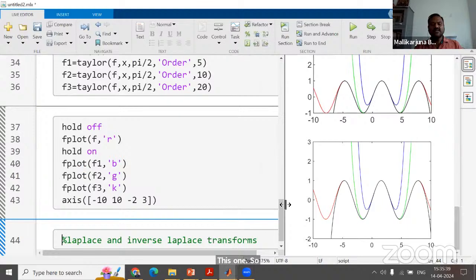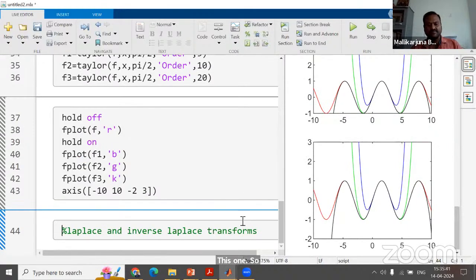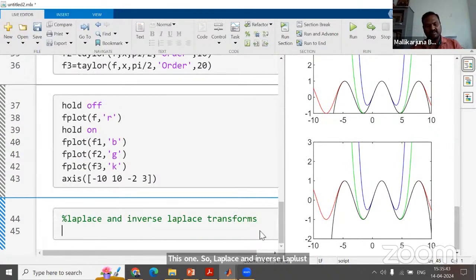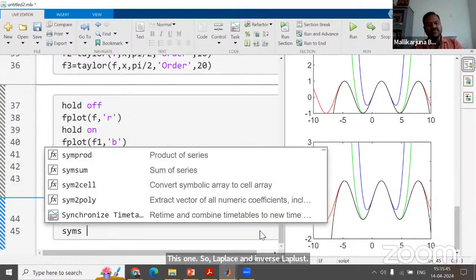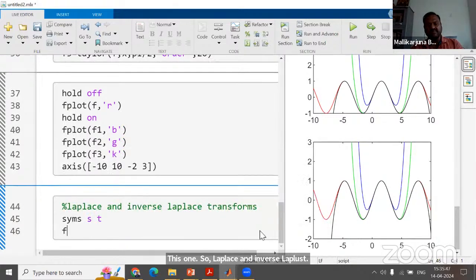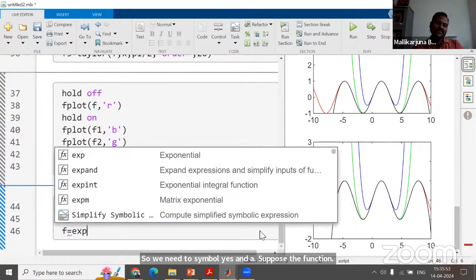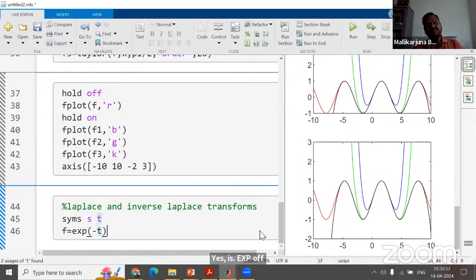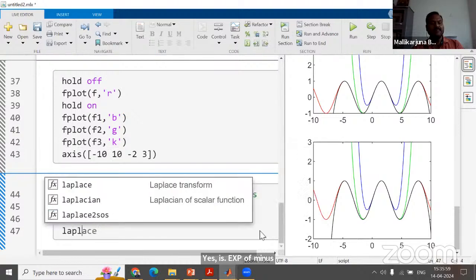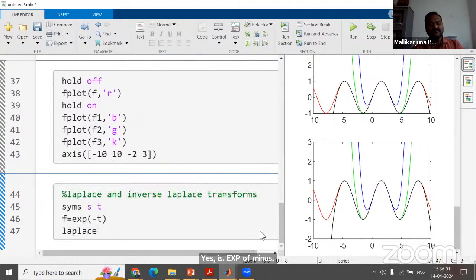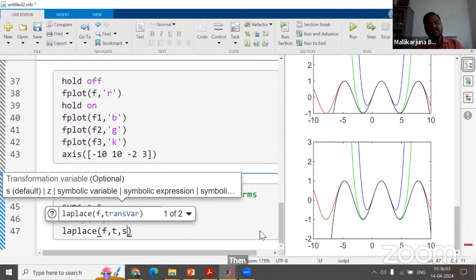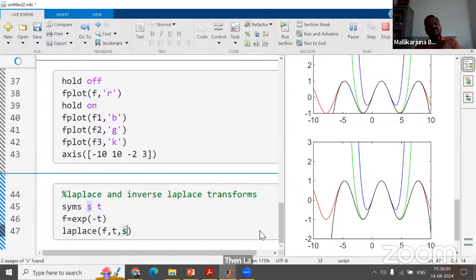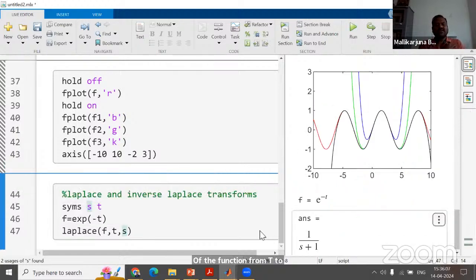So we need the symbols S and T. Suppose the function f is exp of minus t. Then Laplace of the function from t to s.